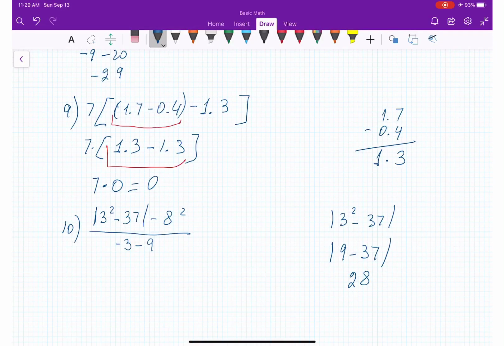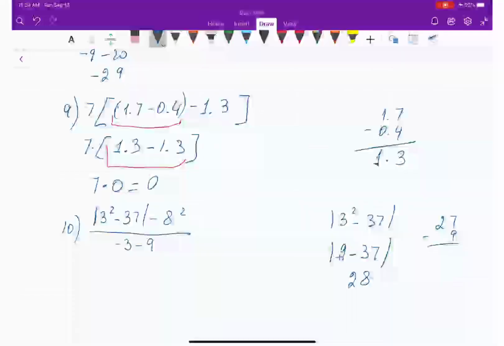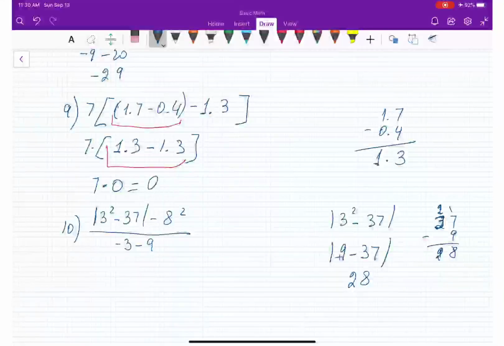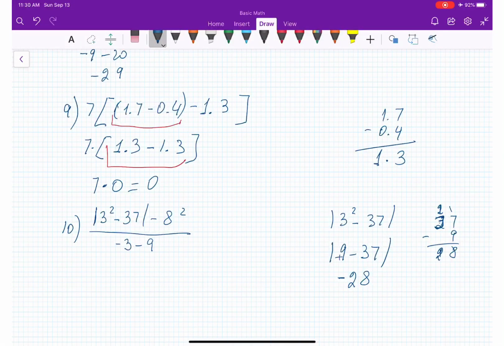Because 9 is positive, 37 is negative, we subtract. 37 minus 9. 17 minus 9 is 8. Oh, I'm sorry, 37, therefore here will be left 2, which means it's going to be 28. And it's going to be negative 28, because 37 is bigger and it has the negative sign. And the absolute value of negative 28 is positive 28.